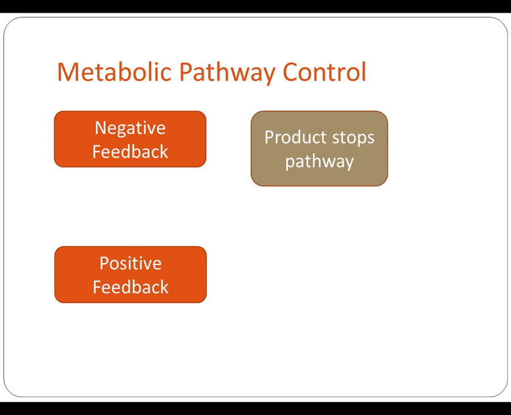Stop it. What if my product is underaccumulating? What should the first enzyme do? Speed it up. Start it. So negative feedback isn't always just an off. It may be an on signal. But it's doing what? It's opposite. If something is underaccumulating, we need to carry forward that reaction to begin to bring that product back to set point.